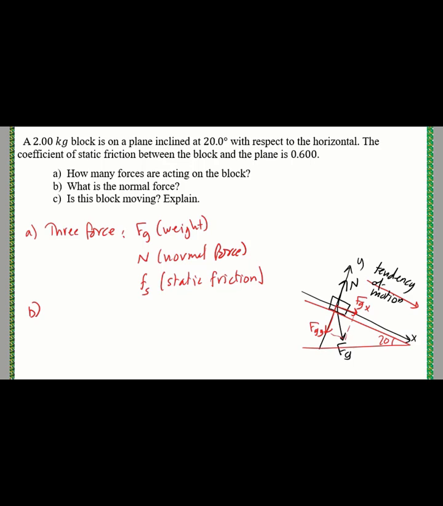So against it we have the static friction, Fs. Now to find the normal force, on the y-axis put F net on y-axis equals 0. We have only the normal force upward, and against it Gy. So the normal is Gy. Fg is mg. Since it is in the y direction, we have cosine theta.